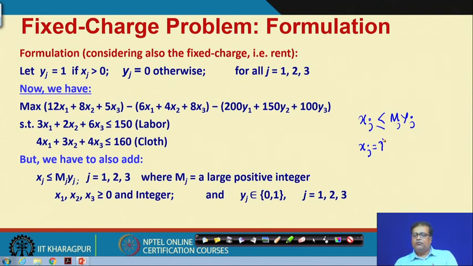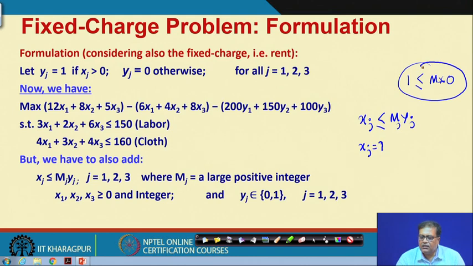Think over. yj is a binary variable related to the rent. If yj equals 0, then what will happen? It will become 1 less than or equal to m multiplied by 0. Is it possible? It is not possible. 0 cannot be greater than or equal to 1. So, if xj equals 1, then yj will also be 1.